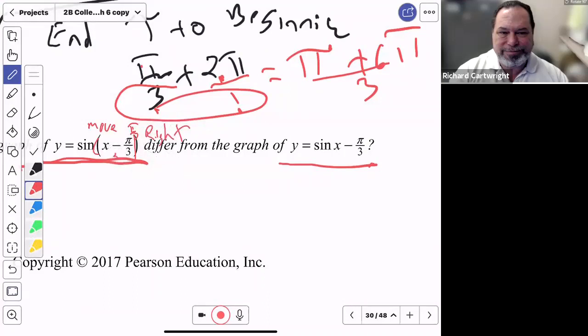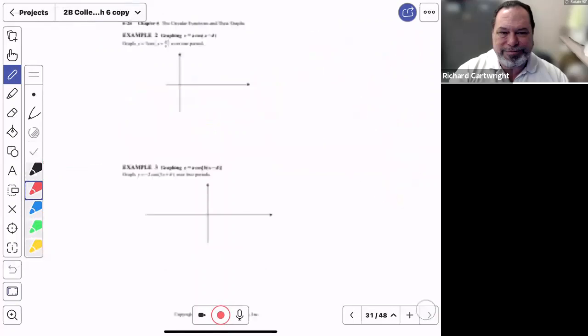This one, the function ends here, and there's nothing being added to the x. This is on the outside of the function. This means this function is moving down pi over 3 because you're taking the sine curve, taking a value away means you're shifting it down. That's what happens. You'll see that coming up here.